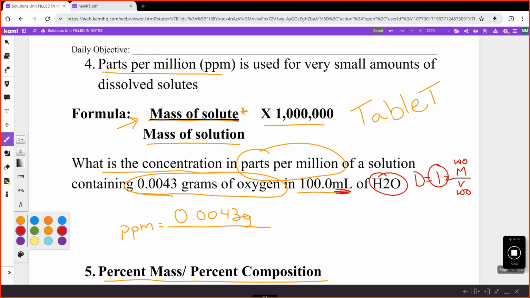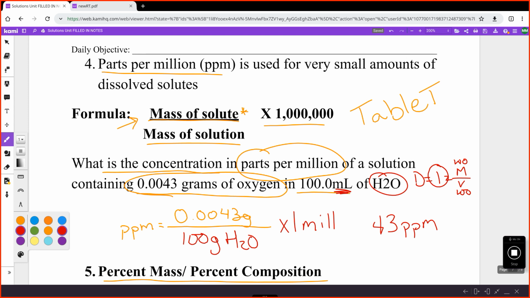So the mass and milliliters of water are identical numbers. Okay, 100 grams times 1 million. Punch it into the calculator. And what you would find out, there are 43 parts per million oxygen in this question.